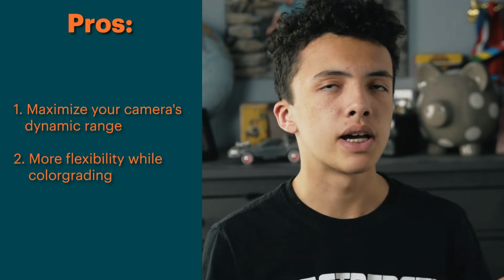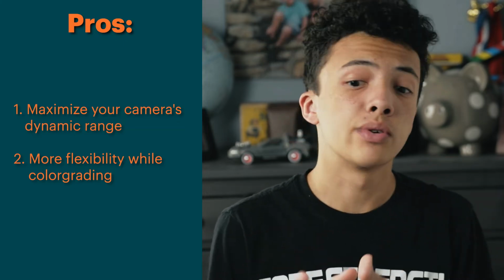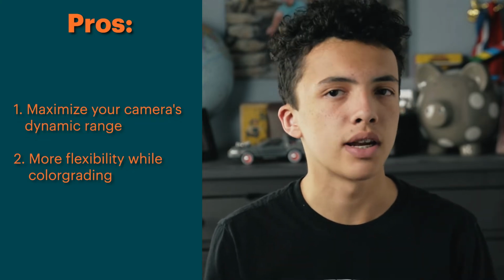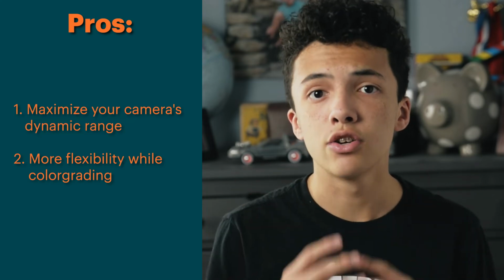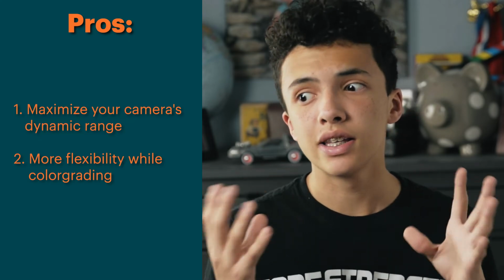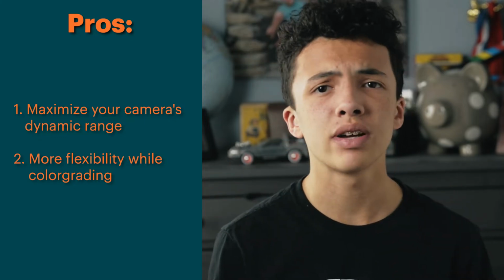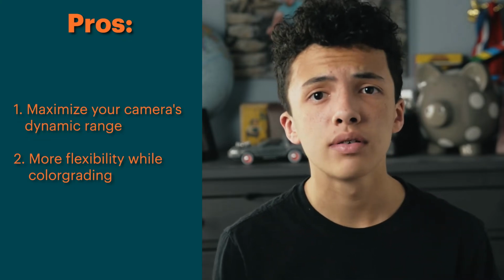Something like the Blackmagic Pocket Cinema Camera 6K Pro can give out, shooting in log instead of RAW, almost 14 stops of dynamic range. And then the Canon R5C, their newest cinema camera, can put out almost, I believe, 15 stops of dynamic range, which is absolutely incredible for a digital camera.